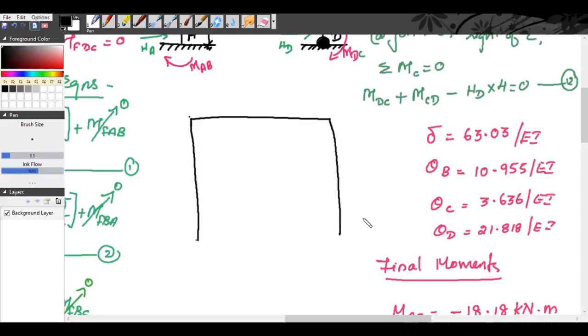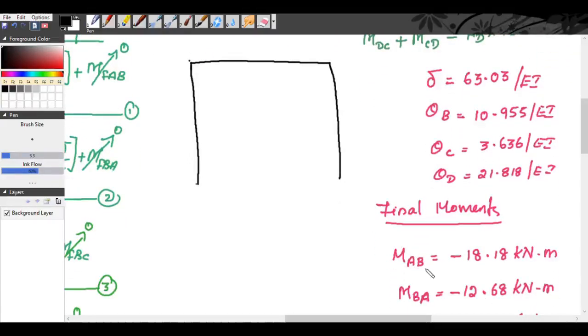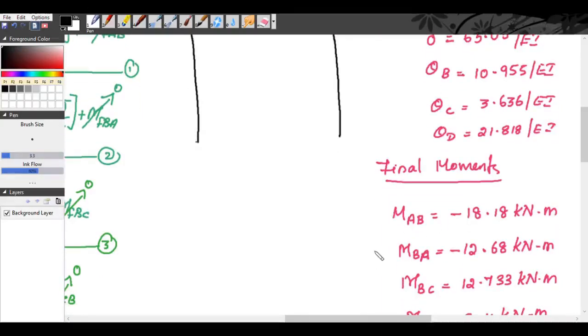At A, so AB, MAB is, listen, this is AB, right? MAB is minus, so it is anti-clockwise. You draw anti-clockwise pointing towards the left. So towards the left it is 18.18 kilonewton meter.